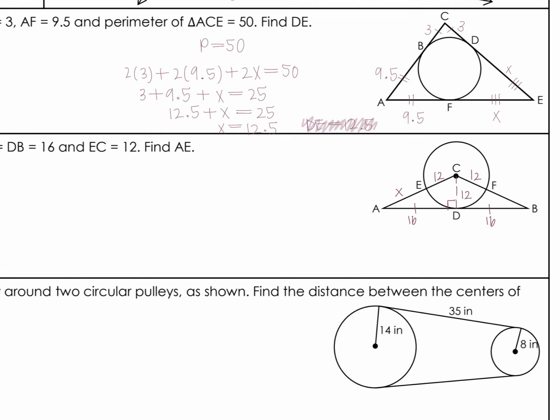Okay, so plugging into Pythagorean theorem, I'm going to have my 12 squared plus 16 squared is going to be equal to the length from A all the way to C. So here I'm going to have to use my segment addition to say that that will be x plus 12. Okay, and so I'm going to just write x plus 12 here squared.